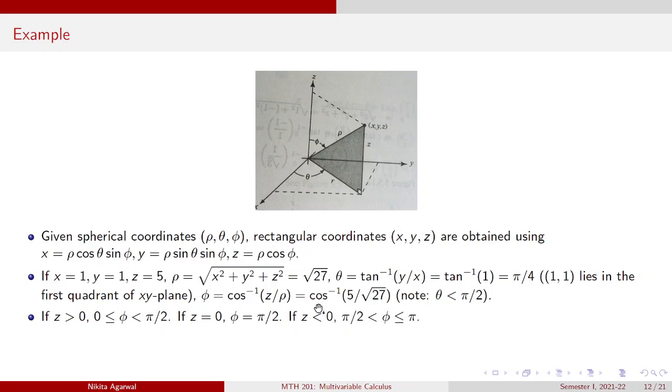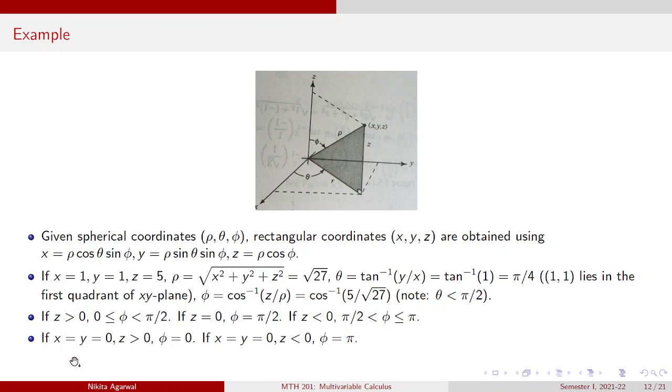So I would like you to pause for a minute here and figure out these things from the picture. Remember, phi is the angle that this line joining origin and x, y, z makes with the positive z-axis. Okay, so it's like whether you are above the floor or whether you are below the floor.